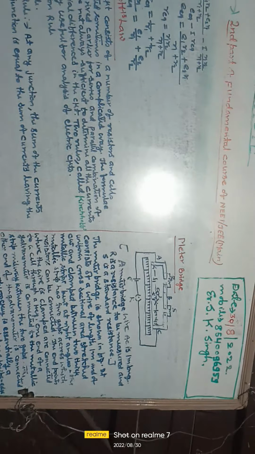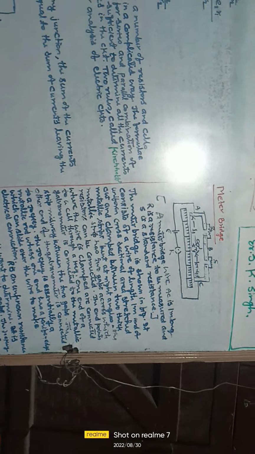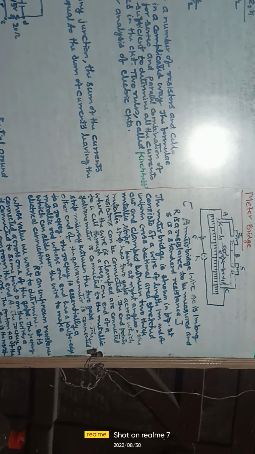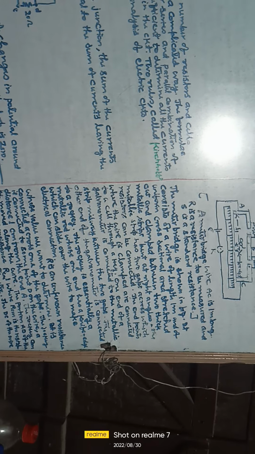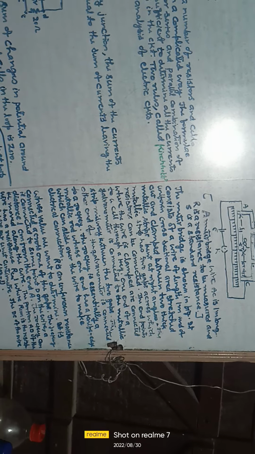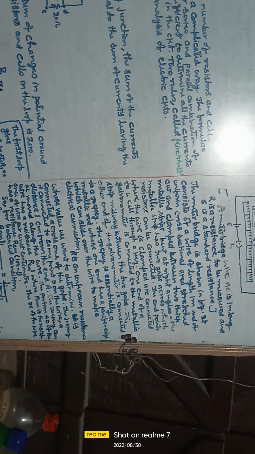The metallic strip has two gaps across which resistors can be connected. The end points where the wire is clamped are connected to a cell through a key. One end of a galvanometer is connected to the metallic strip midway between the two gaps.